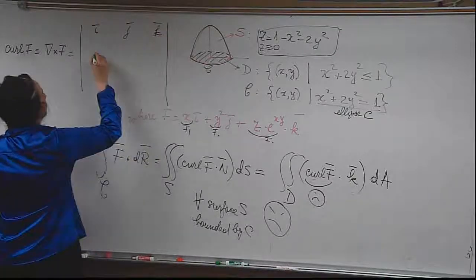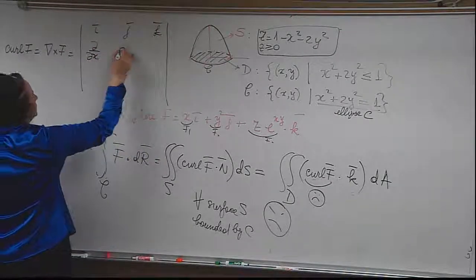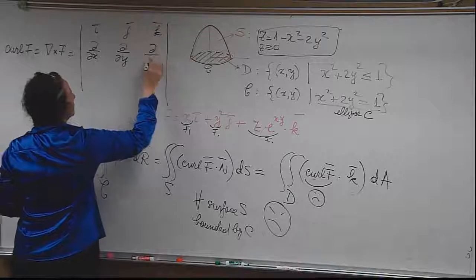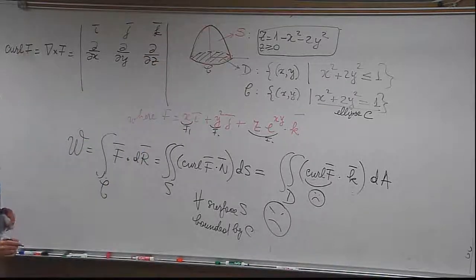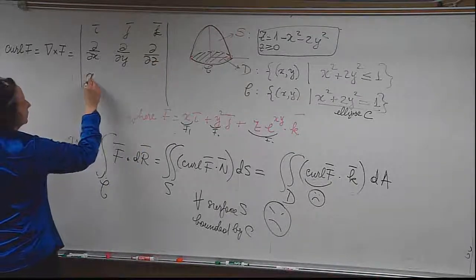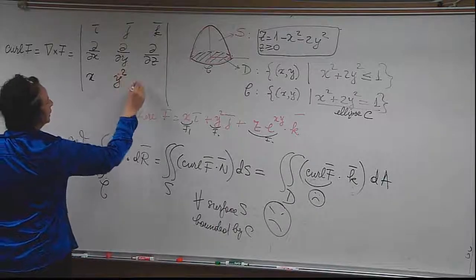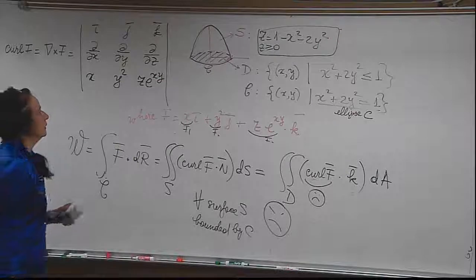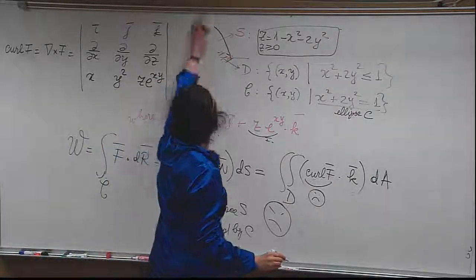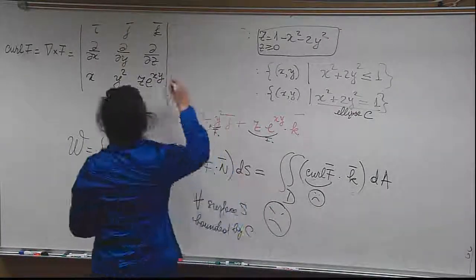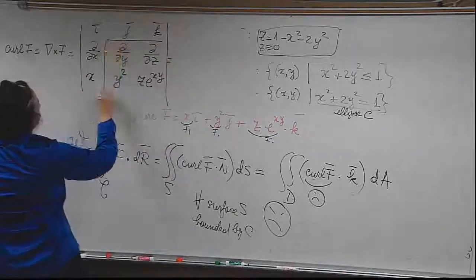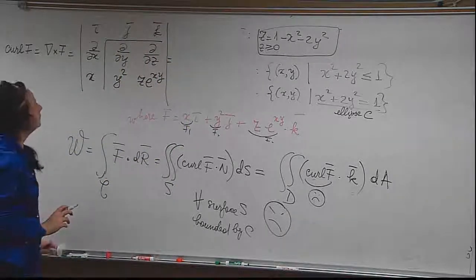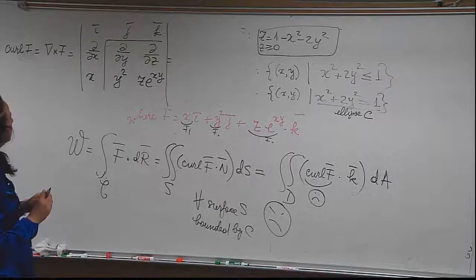The determinant with i, j, k, d/dx, d/dy, d/dz of what? x, y squared, oh, that's a y squared, and this horrible guy. What do we get? Well, it's not so obvious.